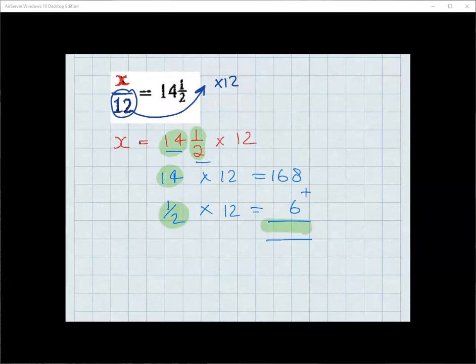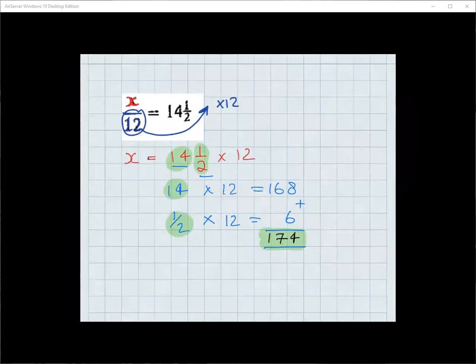So what's the final answer? 174. Sarah, are you happy with the answer? Yes. Okay, lovely. And that method, I love that method. It's nice and easy. You can use any of the 3 methods or even your own methods. It doesn't matter, as long as your method works every single time, it's okay.